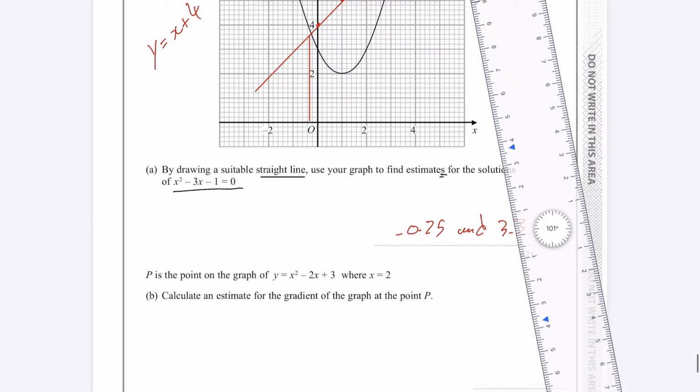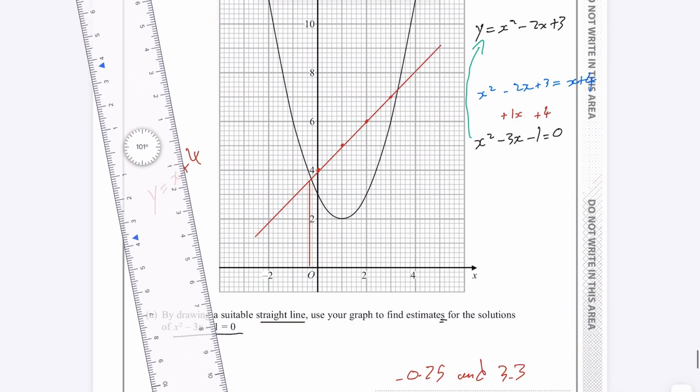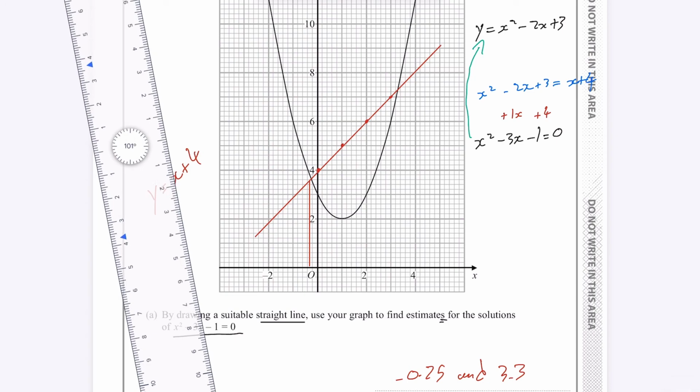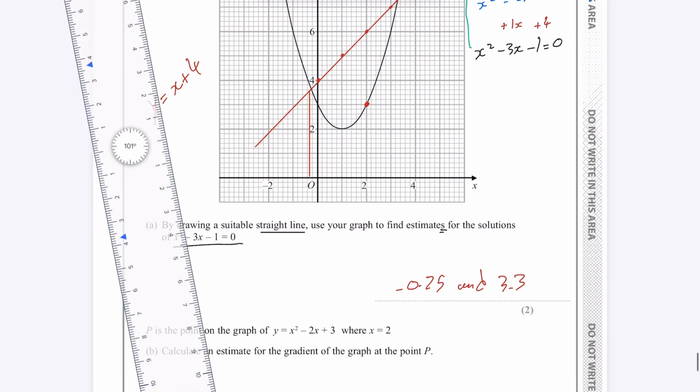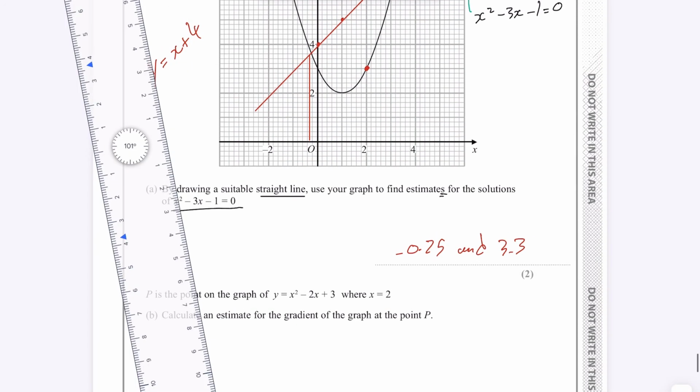Now I'll leave my ruler there because I'll need it for the next one. It says P is a point on the graph such that y is equal to x squared minus 2x plus 3, where x is 2. Calculate the estimate for the gradient of the graph at point P. So when x is 2, so if we come here, that's going to be right. So that's the equation in there, where x is equal to 2 is right there.